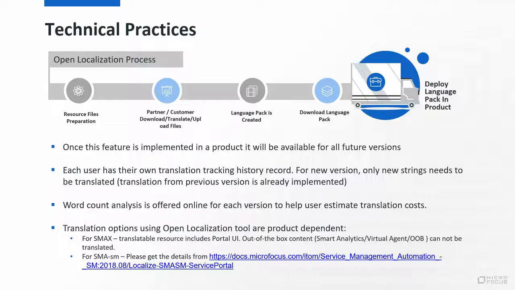Once the R&D team has implemented this feature in the product, it is obviously available for all future versions. And once you log into the platform and start the process for any of the products that have adopted it, you will have your own tracking history online.